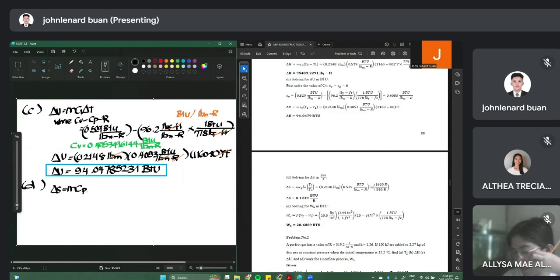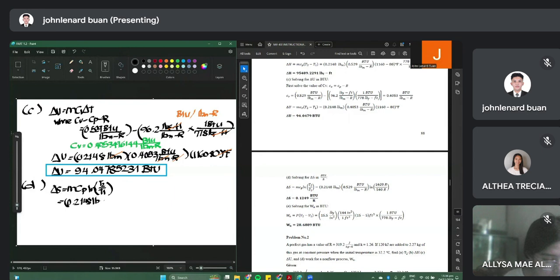Meron na tayong mass, gamitin nyo yung true values, 2.148 and so on.